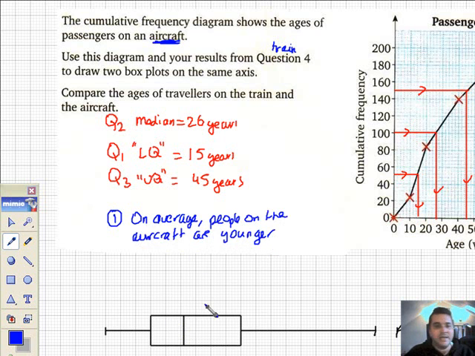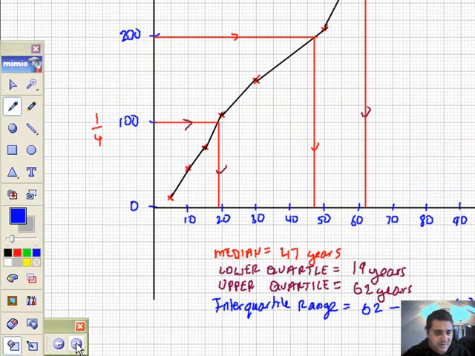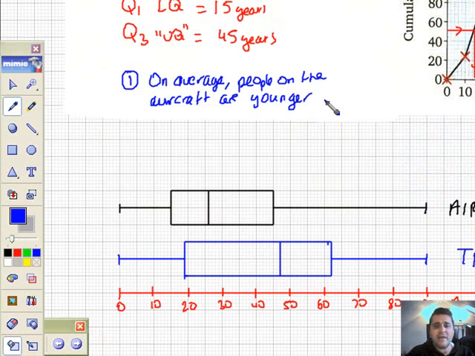And if you want to say things like 26 versus 47, was it? Yeah, 47. Then you can state it in black and white. But on average, people on the aircraft are younger, or people who fly are younger, or you can say people who use the train tend to be older. Don't say the same thing in reverse and expect to get more marks. Just say it one way and stick with it.